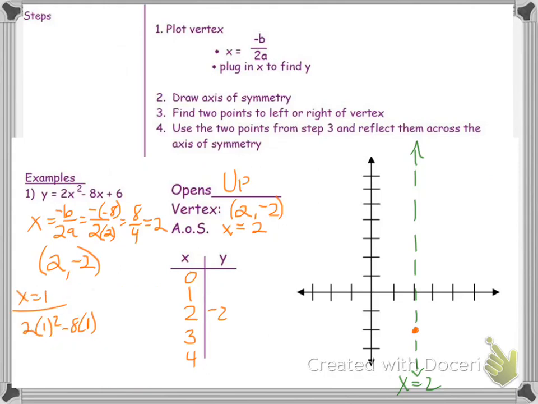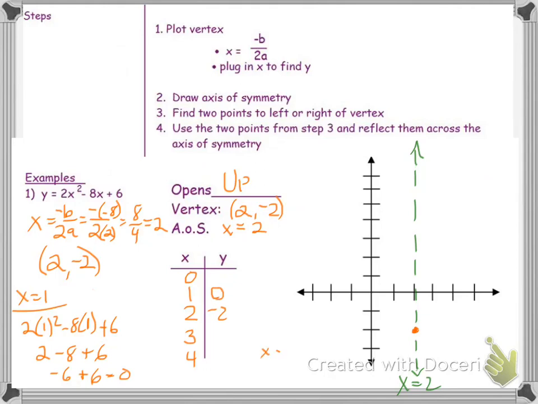Okay, so I erased the work for the vertex, and I'm going to do this work here. So I have 2 times 1 squared minus 8 times 1 plus 6. Square the 1 first, that's 1. Times 2 is 2. Minus 8 plus 6. So negative 6 plus 6 is equal to 0. So when x is 1, y is 0.